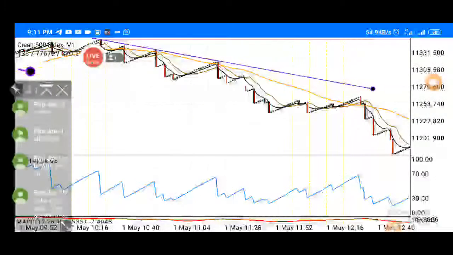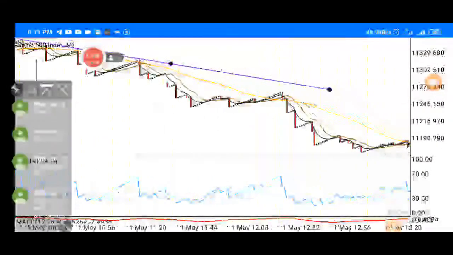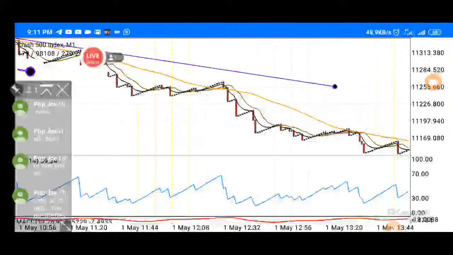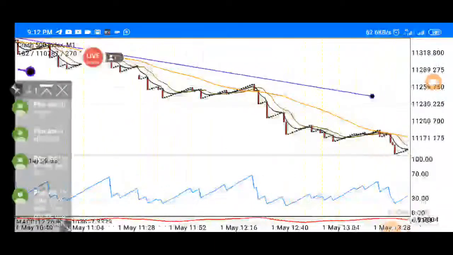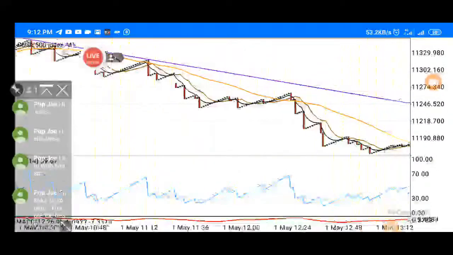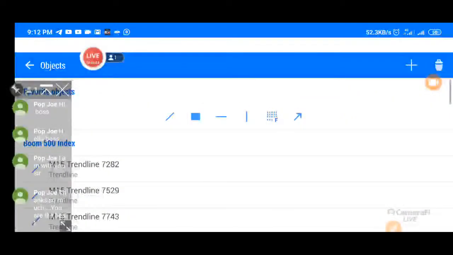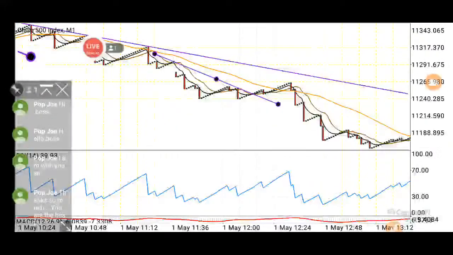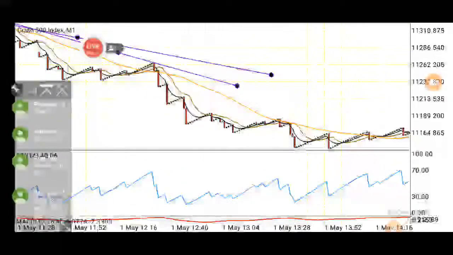Let me continue it downward. And once you notice that the market is now touching your trend line again, you draw another trend line to join the previous one and the current one, something like this. Make sure this first one is still going also.